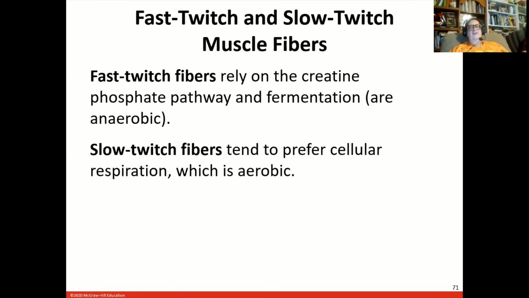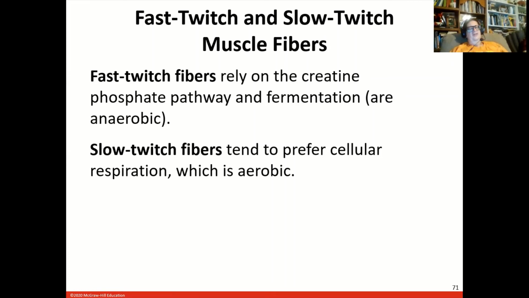So you have fast twitch and slow twitch muscle fibers. You've probably heard this. Fast twitch fibers use creatine and fermentation. They don't need oxygen. Slow twitch fibers prefer to do the whole thing, the glycolysis, the Krebs, the electron transport chain.